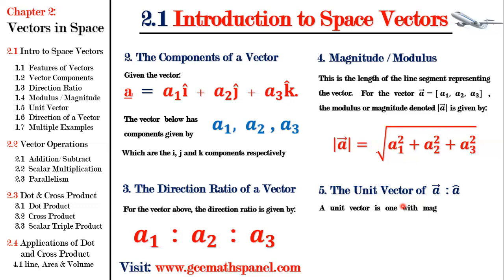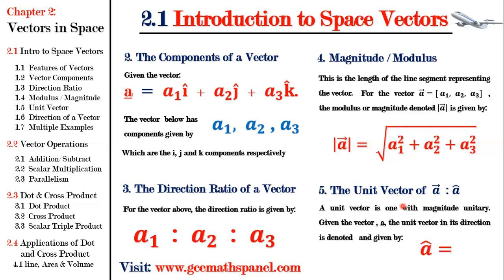A unit vector is one whose magnitude, first of all, is unitary. So given the vector A, the unit vector in its direction is given by the vector divided by its magnitude or modulus.